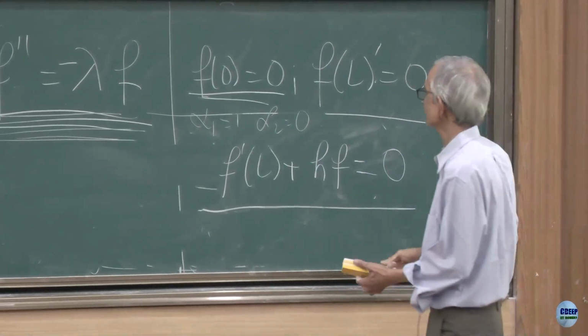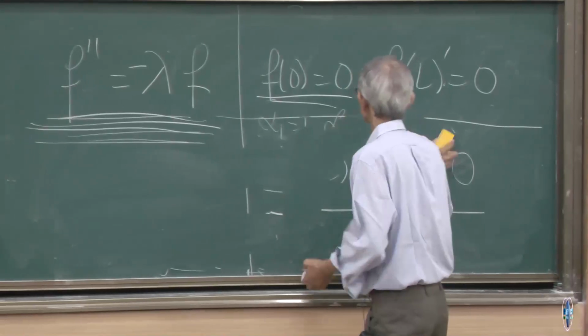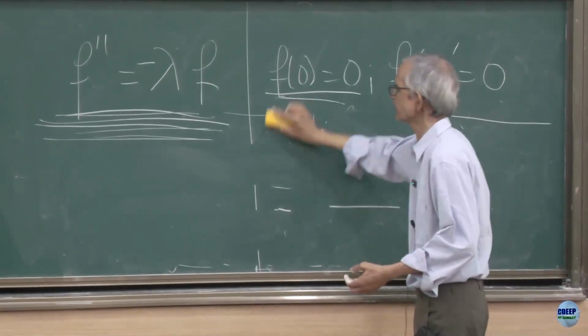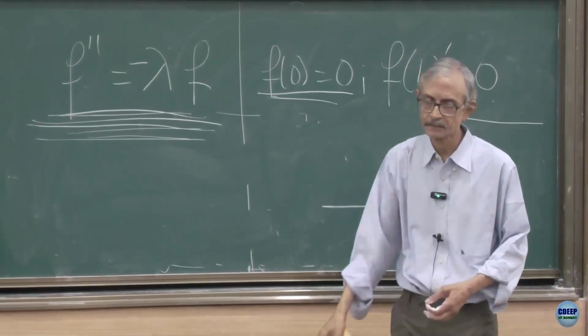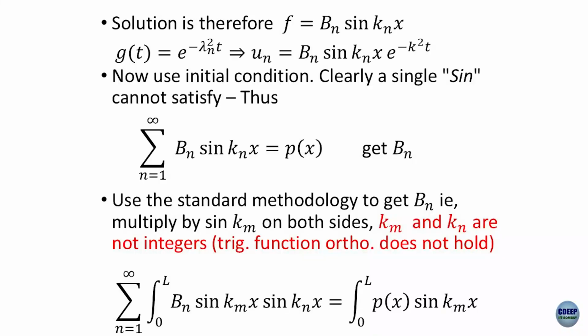If it is in the Sturm-Liouville form, now we have every right to say that the functions which we have got, the eigenfunctions with eigenvalues km and kn, they are not integers, but still the eigenfunctions are orthogonal.